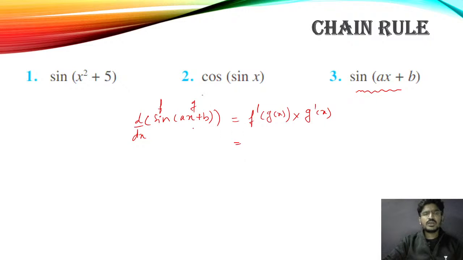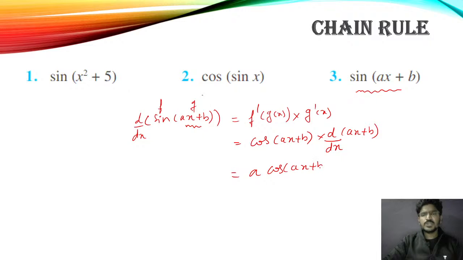So the differentiation of sine is going to be cos of ax plus b multiplied with differentiation of ax plus b, which is d by dx of ax plus b, and it is going to be a multiplied with cos of ax plus b.